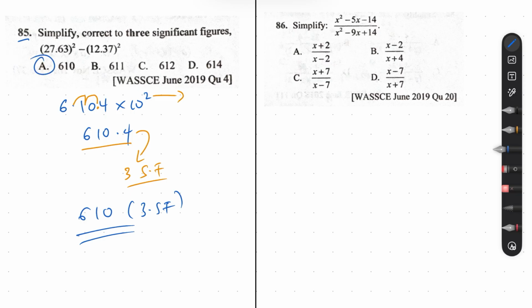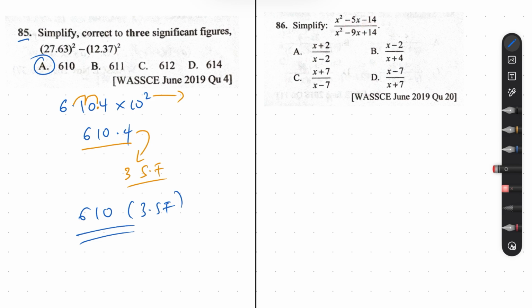It says simplify. Now we have a quadratic on top and a quadratic at the bottom, so we just need to find the factors of both of them. For this one, we need to find two factors that when you add them, you get -5, and when you multiply them, you have -14.